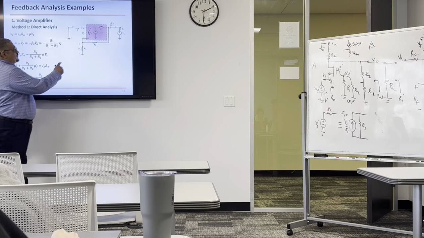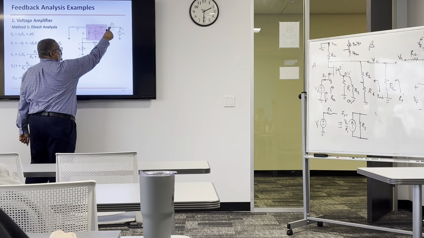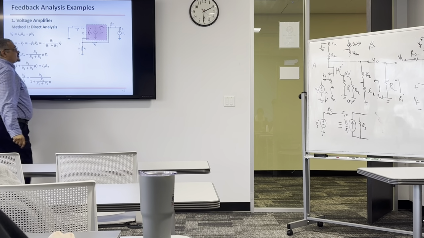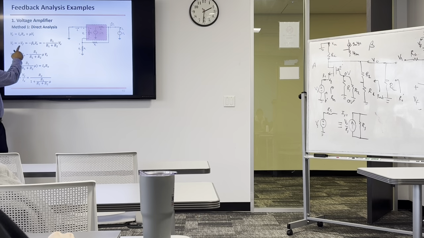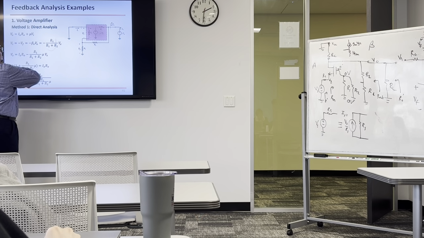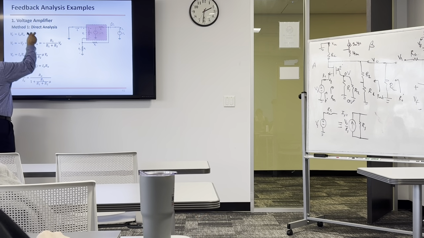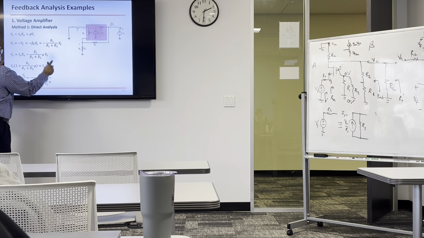So we take Vi out and we substitute it with Vf. But we know that Vf approximately is a voltage divider of Vx. So Vf is Vx times R1 over R1 plus R2. So Vi becomes negative beta times Vx. We substitute this here, and we get this equation. It links Vx and Ix only.